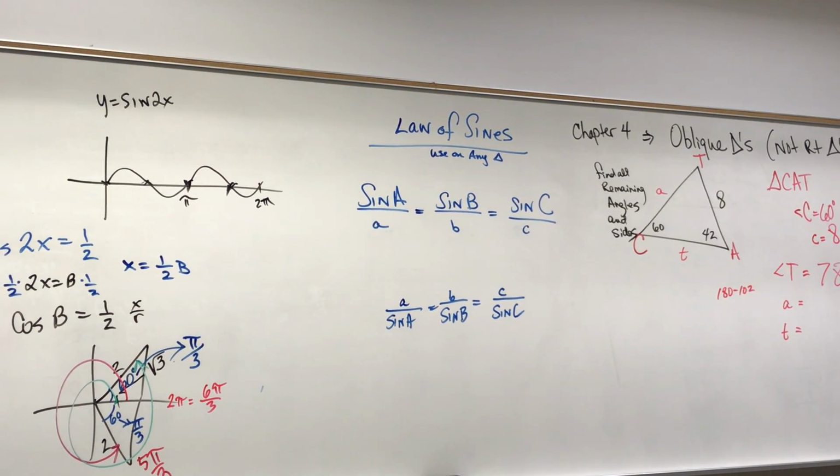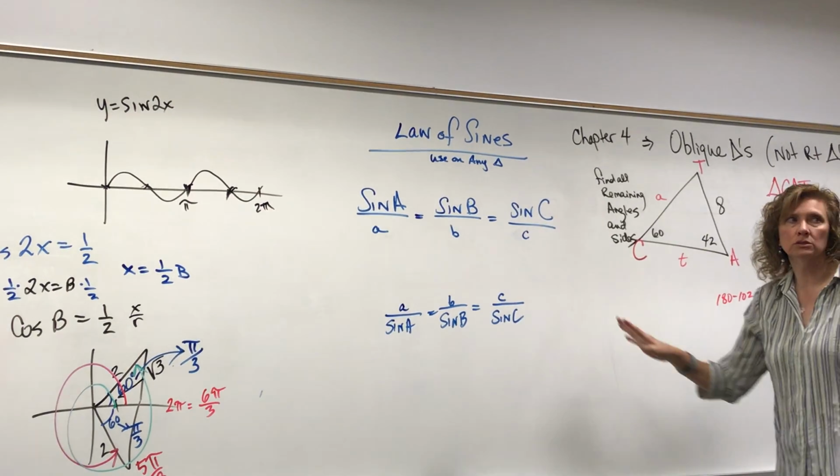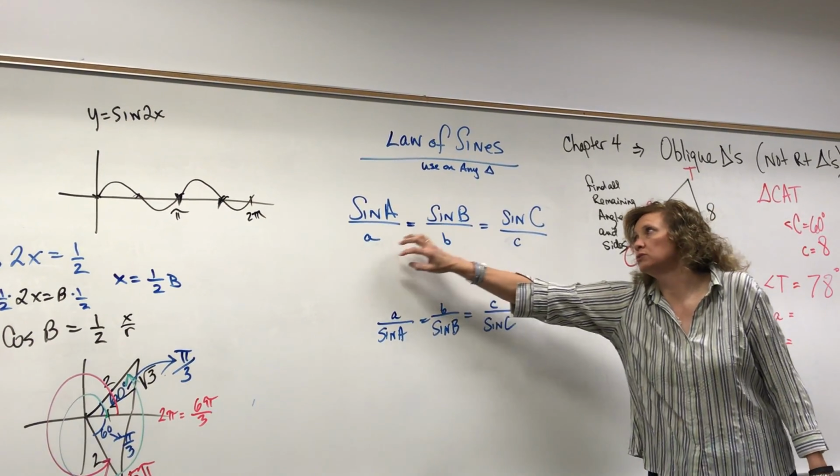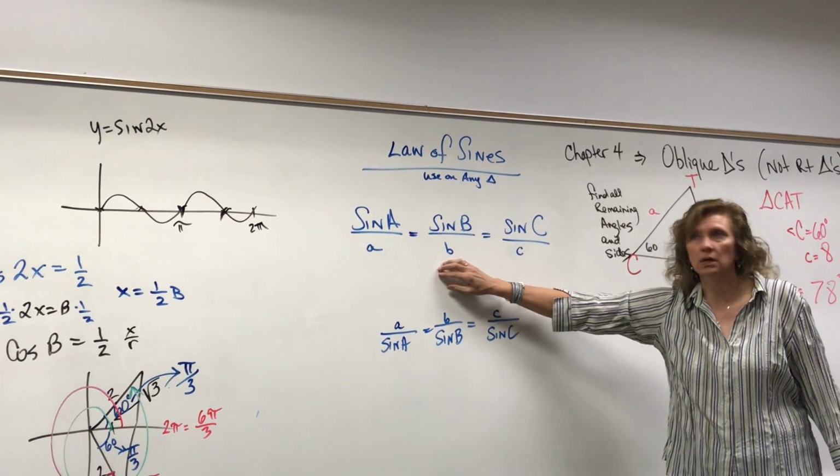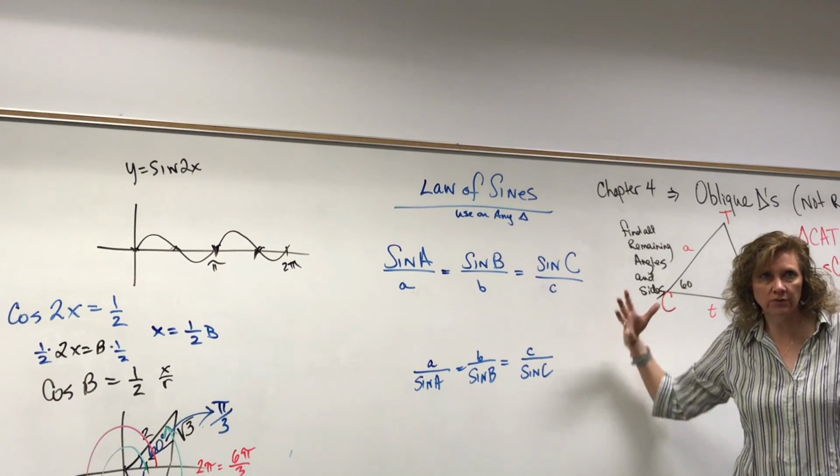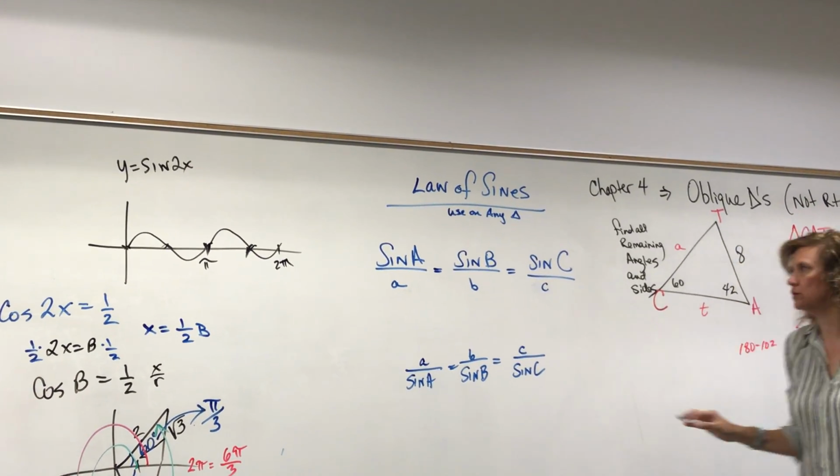We are not solving three-sided equations. We are going to use just two pieces. We're not going to set it all up and try to solve it all together. That's a nightmare.